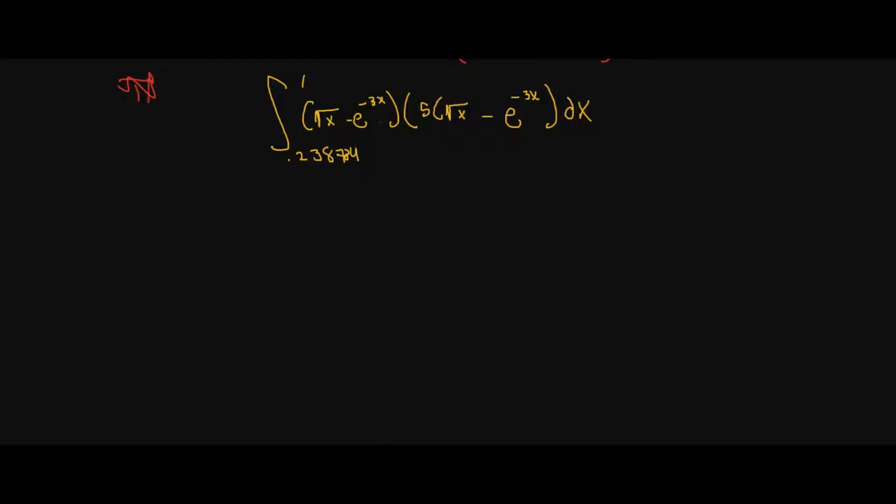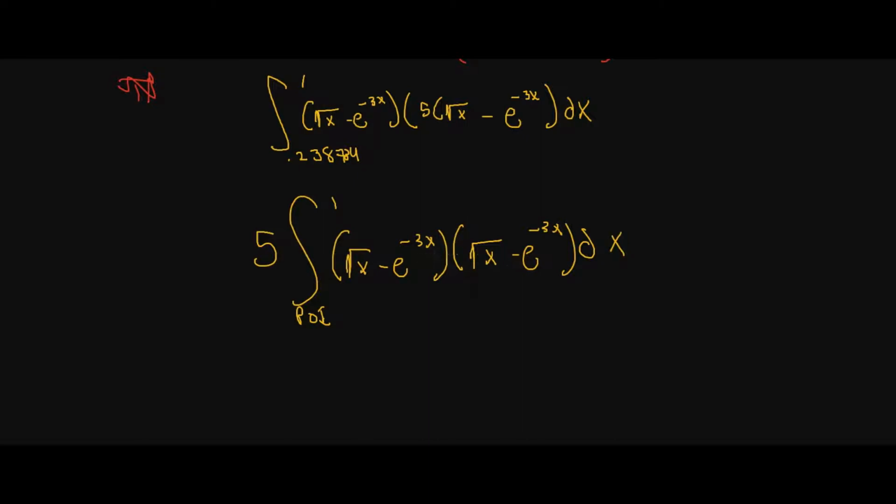Now, this looks a little weird, but the 5 is multiplying, these are all multiplying. We can move the 5 on the outside if we want to. So this could be 5 times the integral from the point of intersection to 1 of the square root of x minus e to the negative 3x multiplied by the square root of x minus e to the negative 3x, which, if you look, they're identical.